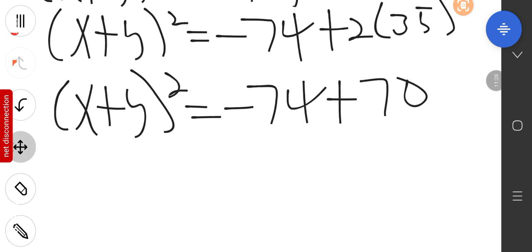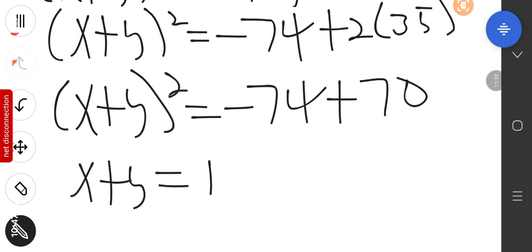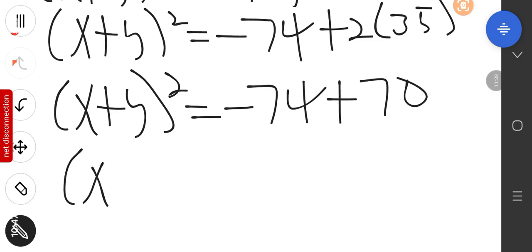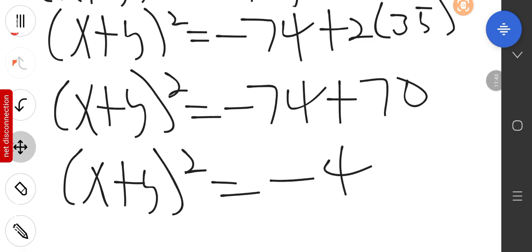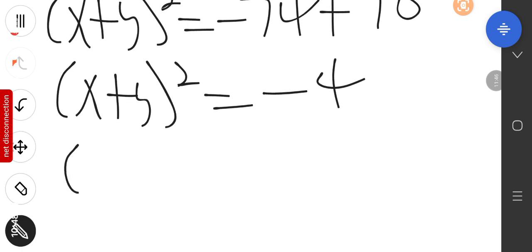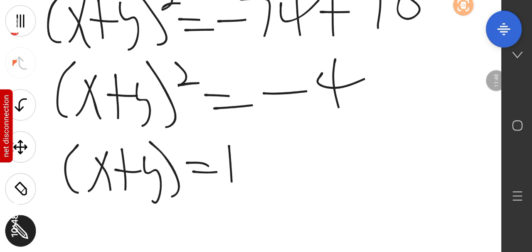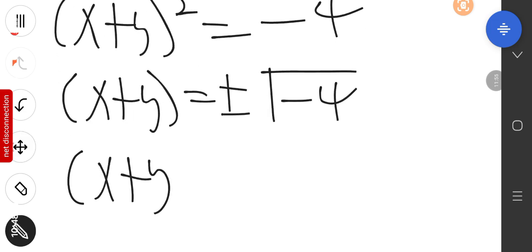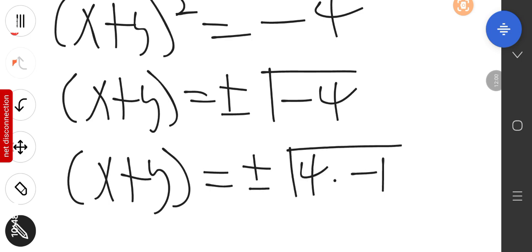So we're going to have x plus y squared equals minus 4. So x plus y equals plus or minus the square root of minus 4. Our equation becomes x plus y equals plus or minus the square root of 4 times minus 1.